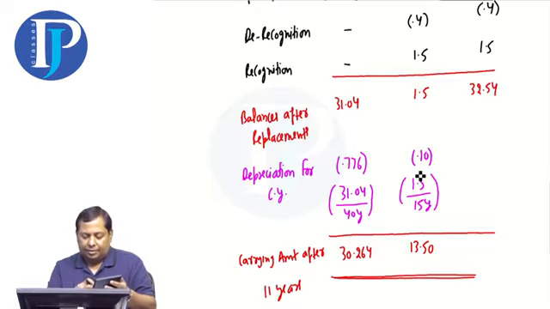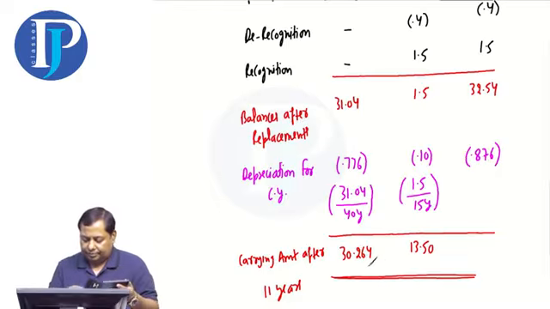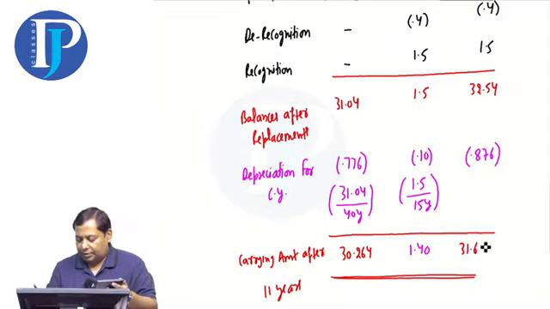Let's correct all the mistakes. 1.5 divided by 15 will be 0.1. 1.4. 30.264 plus 1.4 is 31.664.